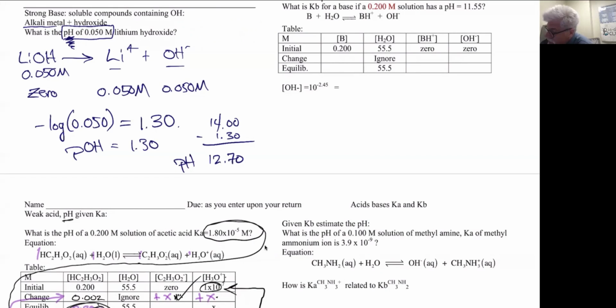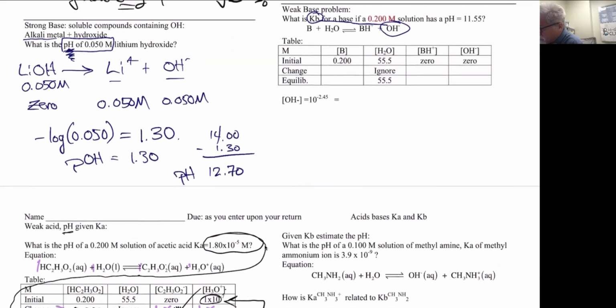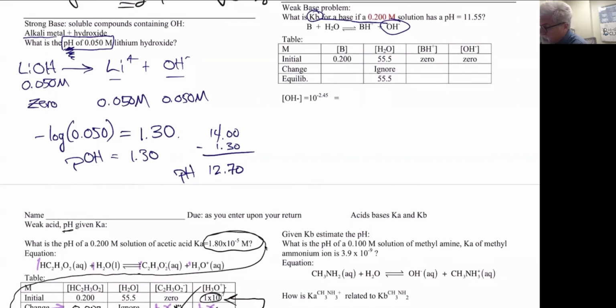Okay. Our Kb is similar to Ka, but instead of producing H plus, our base produces OH minus. Now, here's a problem in which we have a stated pH, and we are asked to determine the Kb.